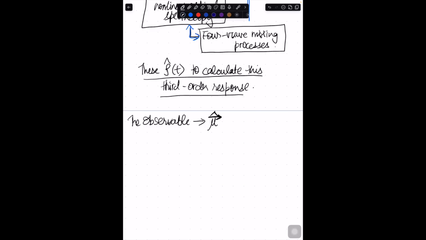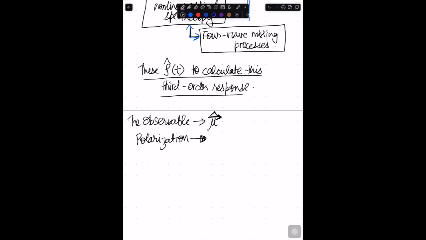So what you measure in a nonlinear spectroscopic experiment or a linear spectroscopic experiment is known as the polarization. So this is what you see on your computer screens when you study a linear absorption spectra, or your nonlinear spectra after certain data processing.